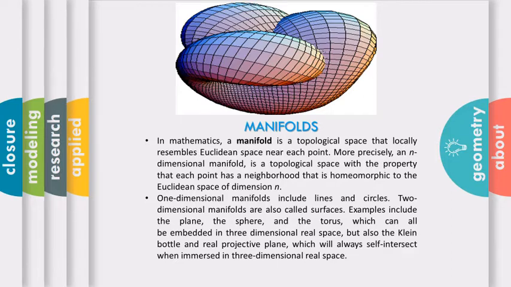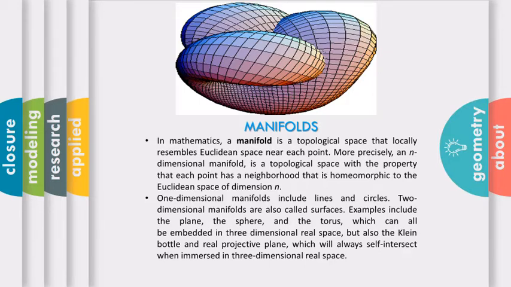One-dimensional manifolds include lines and circles, which is simple to understand. Two-dimensional manifolds include surfaces, for example the plane, the sphere, and the torus, which can be embedded in three-dimensional real space.